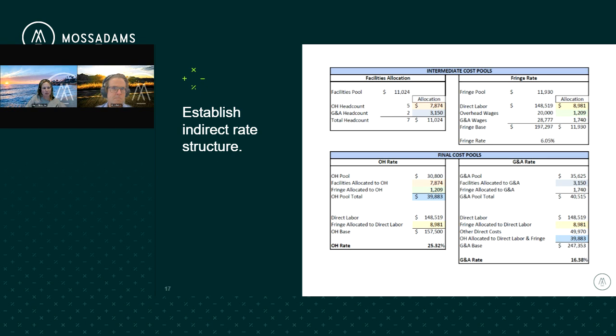When you get to the final cost pools, overhead is typically a cost pool that we'll see, and that's going to be costs incurred in support of operations or contract activity. It supports the technical revenue driving operations of the business, but without the ability to pinpoint it to one specific contract.